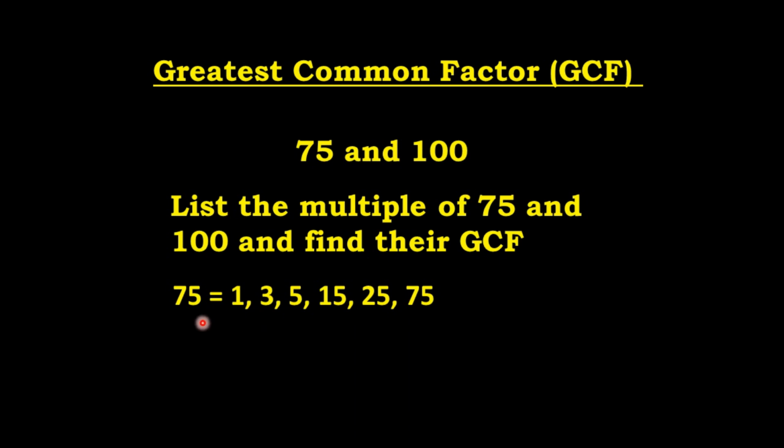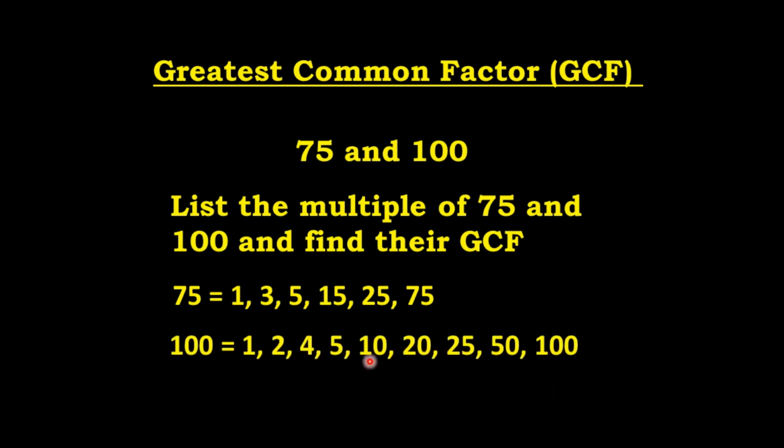For 75, these are all the multiples of 75, or the factors of 75. When we multiply 1 and 75, the product is 75. When we multiply 3 and 25, the product is 75. When we multiply 5 and 15, the product is still 75. So these are all the factors of 75.